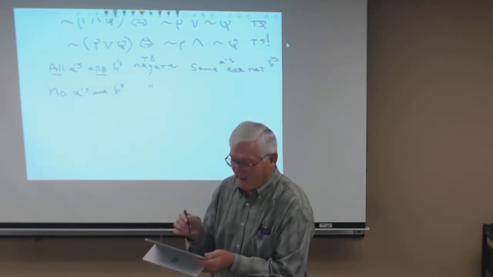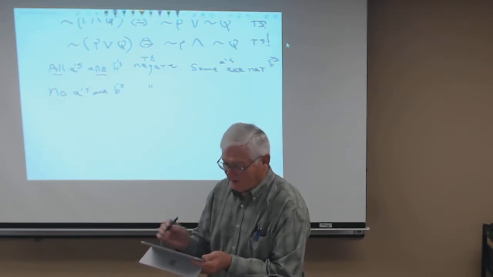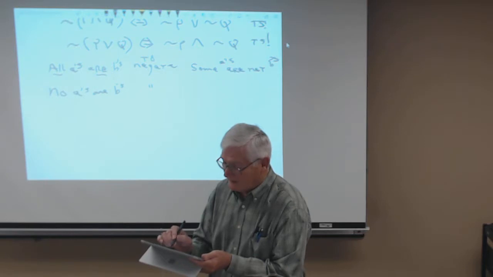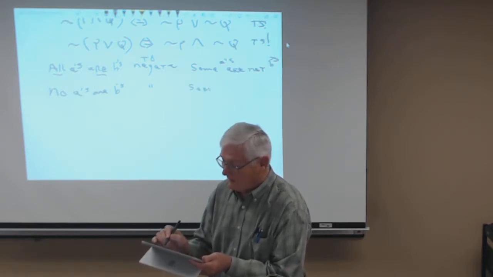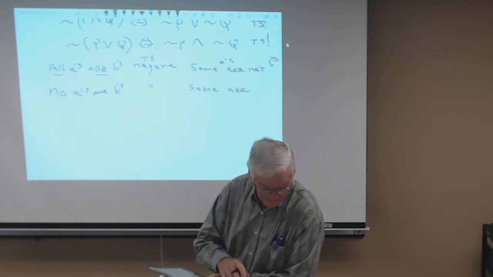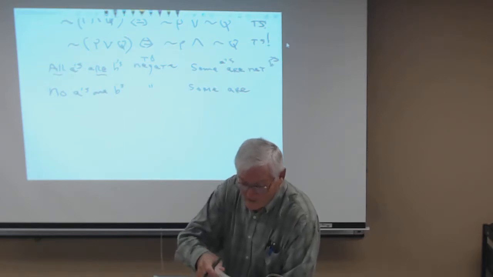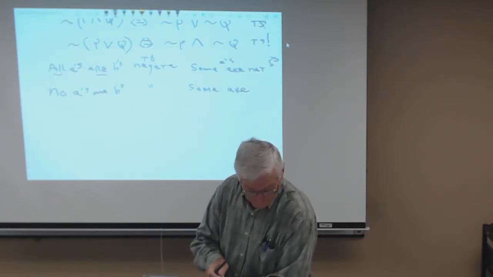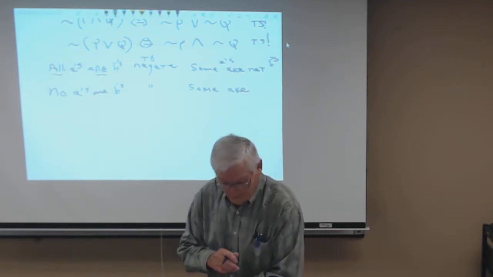And how would I negate all A's are not B's? Some A's are B's. So no A's are B's. To negate it, I go some are. You see that? In the little box there? Okay. You got that in your notes? We're ready to work some problems.